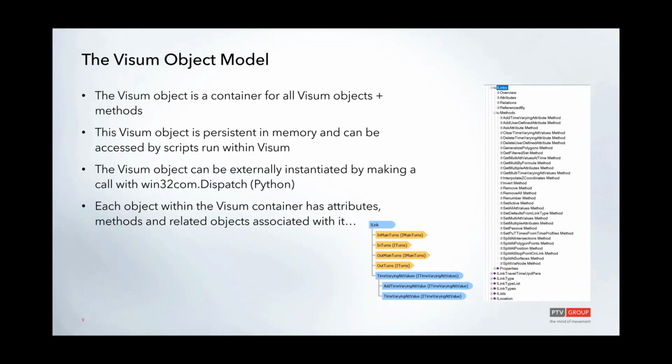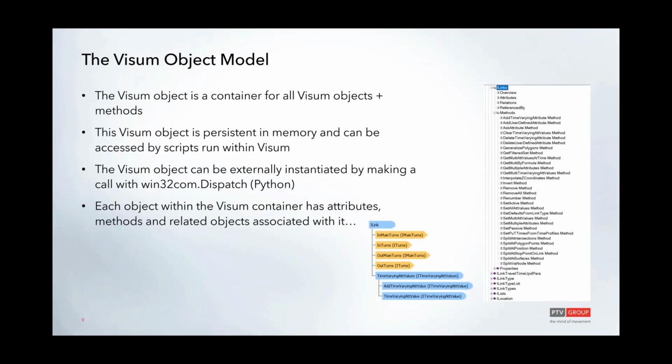This Visum object is persistent in memory once you start Visum, and can be accessed by scripts run from inside of Visum, which means that if you're running a script from within Visum, there is no need to explicitly invoke or dispatch a call for the Visum object as such.